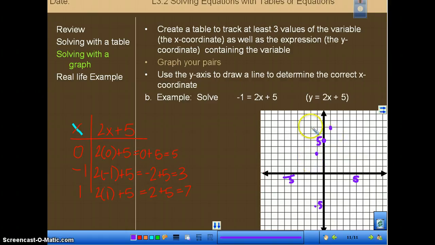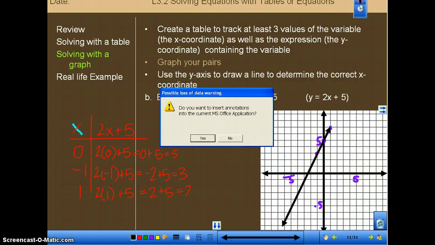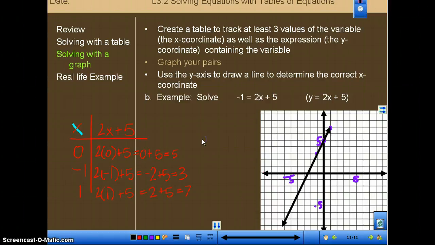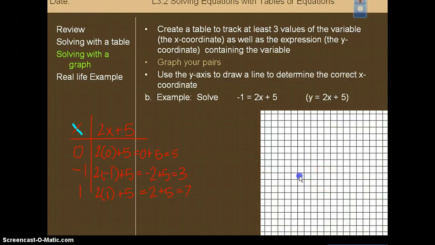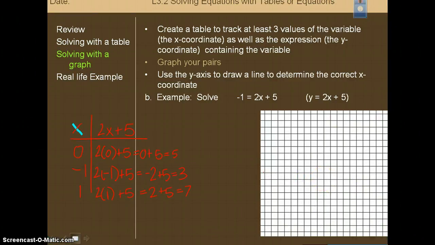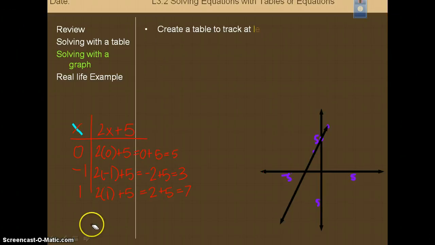What we would want to do is take some sort of a straight edge and connect the line to see what happens. If we take a look here, our line has been connected, and we can see the line that represents our equation here, when y equals -1, let's go ahead and get our graph back.